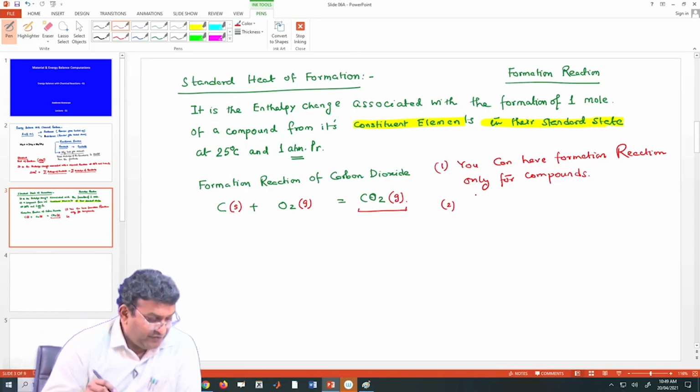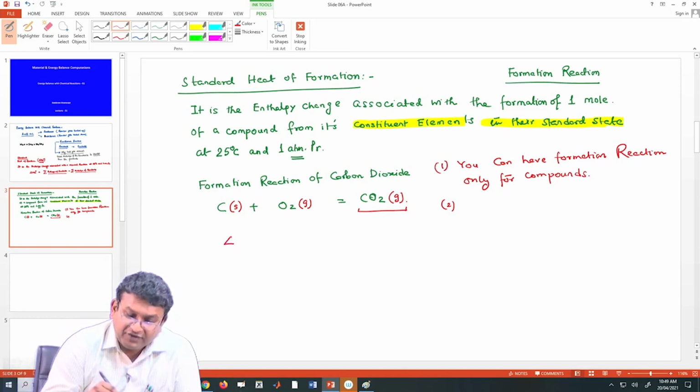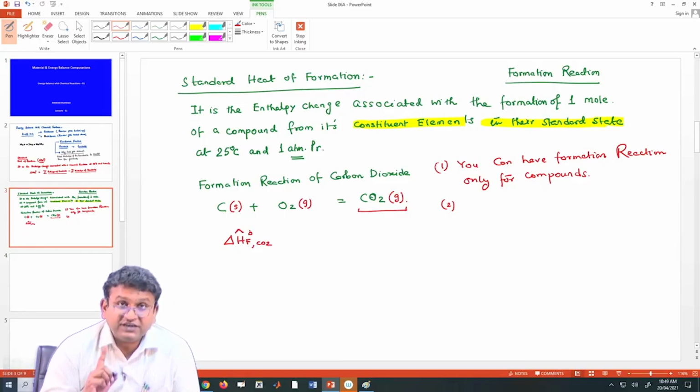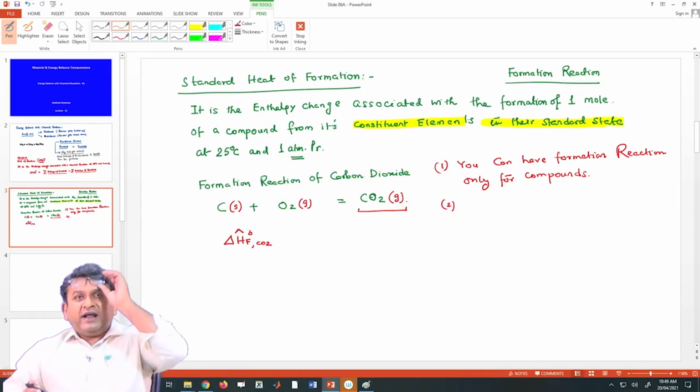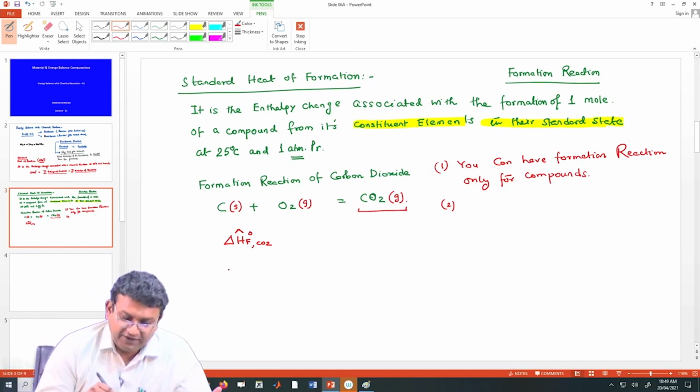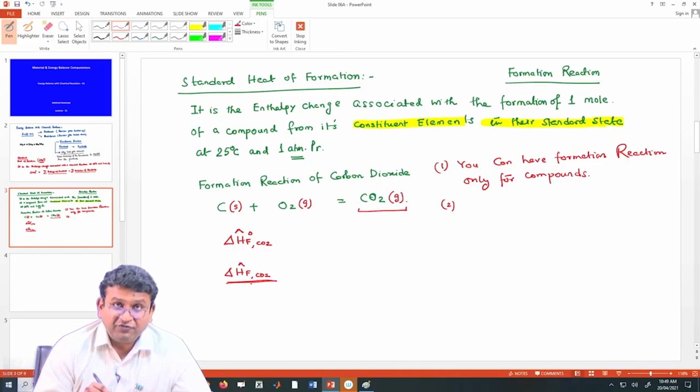Now, the heat of formation data for carbon dioxide turns out to be, so this cap stands for molar, 1 mole, and the 0 stands for standard state. Typically, in principle, you can have this value also or this symbol also, but they are not the same, because this is the heat of formation of carbon dioxide, but this does not specify the standard state.